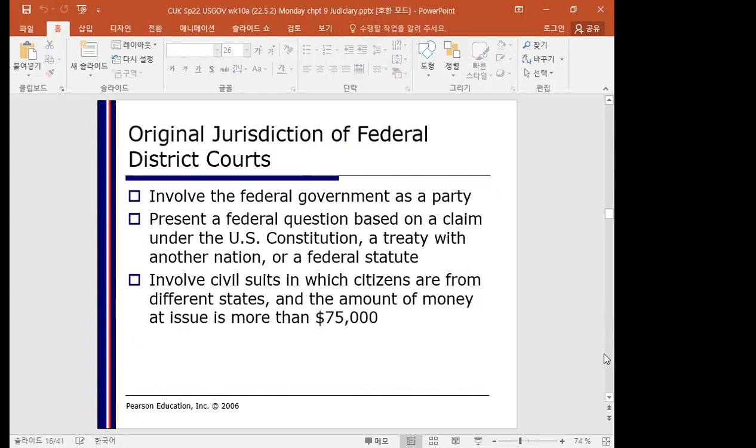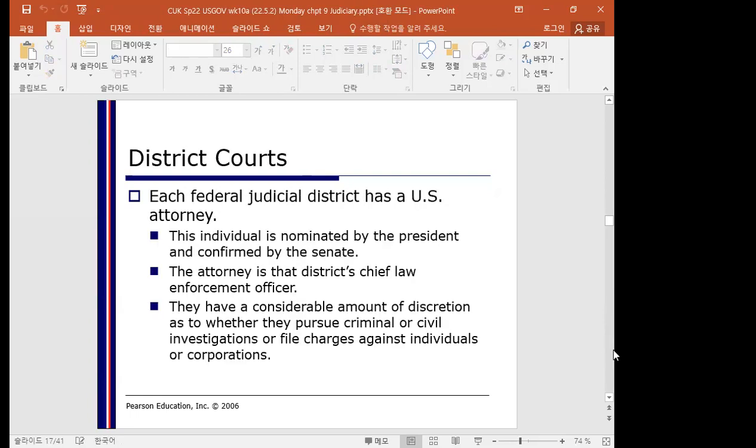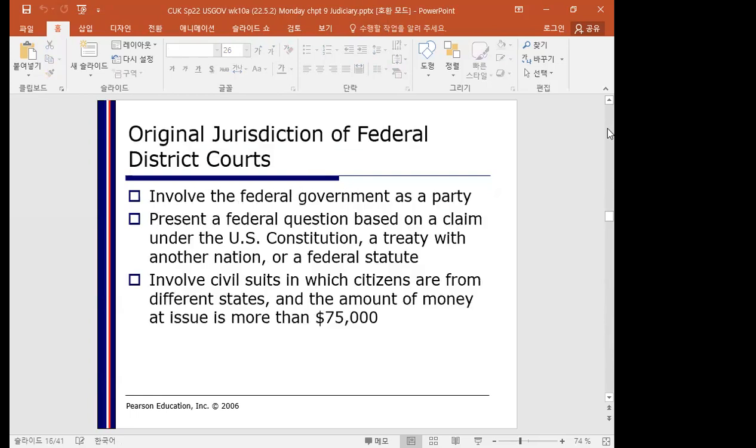Let's do an exercise. So, judicial branch in a flash. Here is your reading case, and I don't know if I'm going to actually have time.